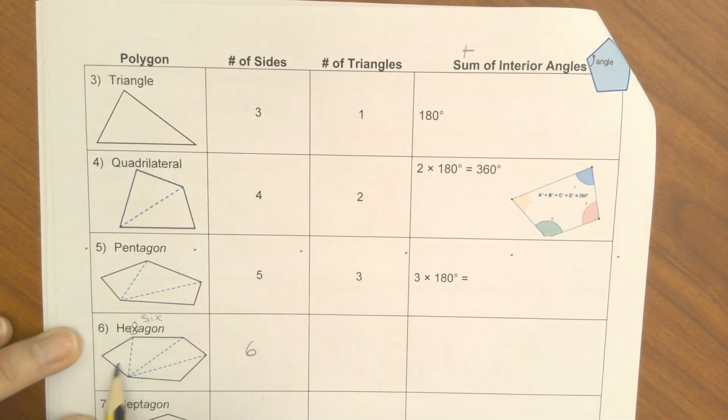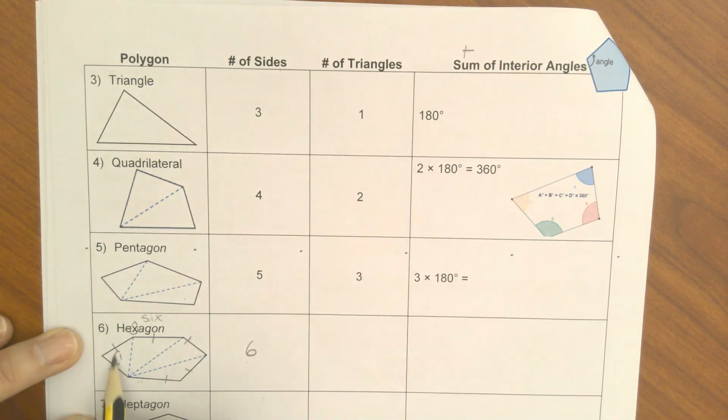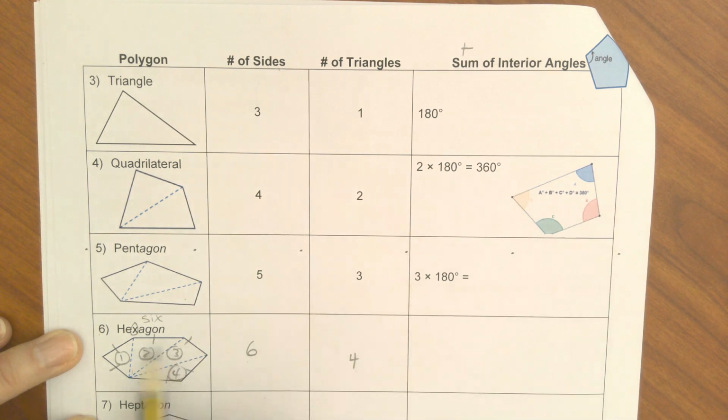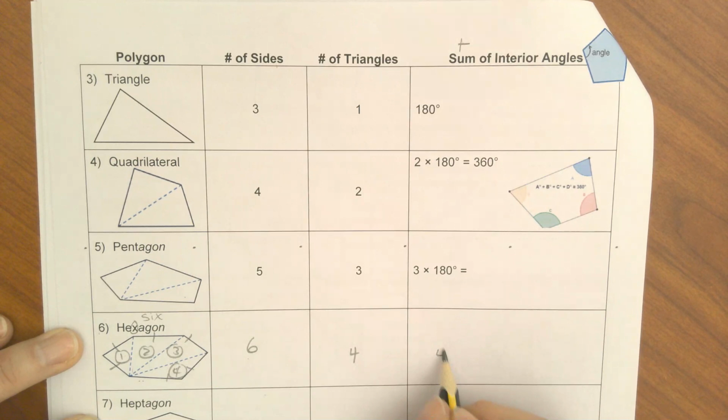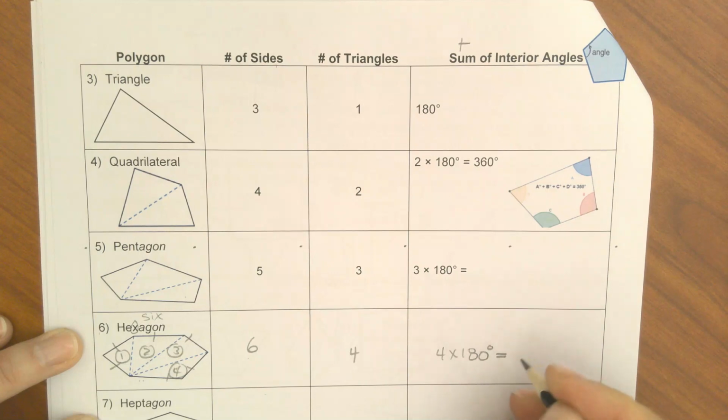Let's check. 1, 2, 3, 4, 5, 6. 6 sides. How many triangles does it make? 1, 2, 3, 4. Makes 4 triangles. And so how do I find the total number of angles in there? I go 4 triangles, so 4 times 180 is equal to how much?